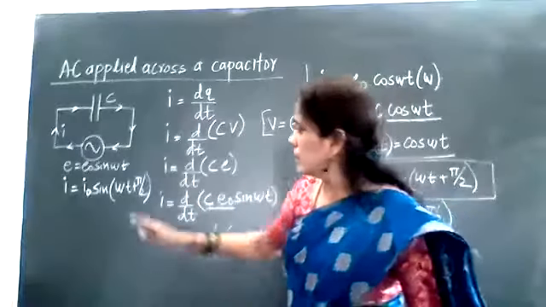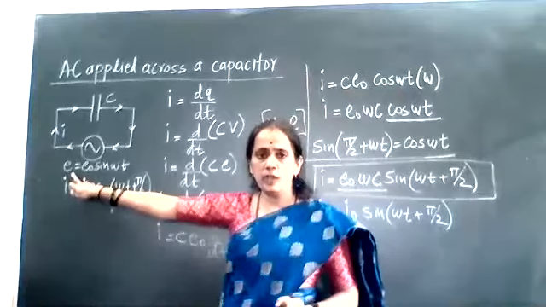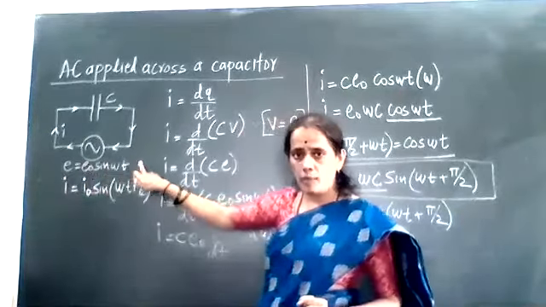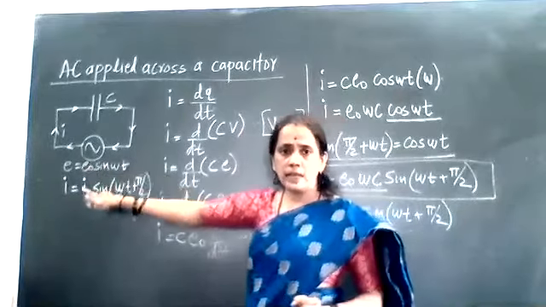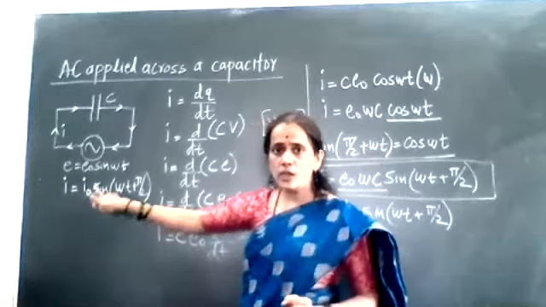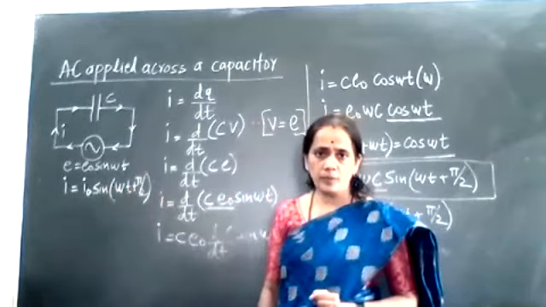if you compare these two equations, in the EMF equation your term is E is equal to E0 sine omega t, and the current through that capacitor I is equal to I0 sine omega t plus pi by 2.